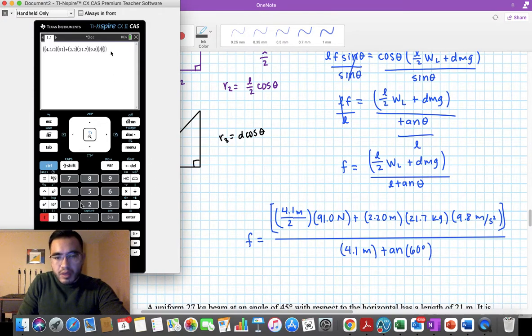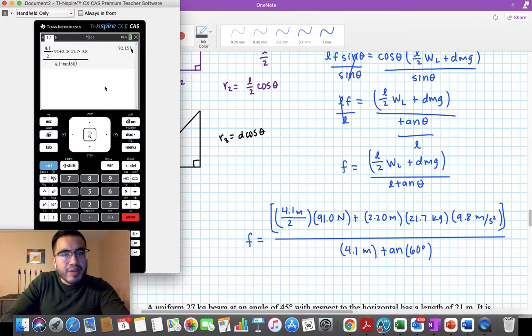parentheses 4.1 times the tangent. Let me make sure I'm in degrees. Yes, I'm in degrees. Times the tangent of 60 degrees. When I did this last year, I think something around the 90s. Let's make sure that is correct. Oh yeah, there you go, 90s.